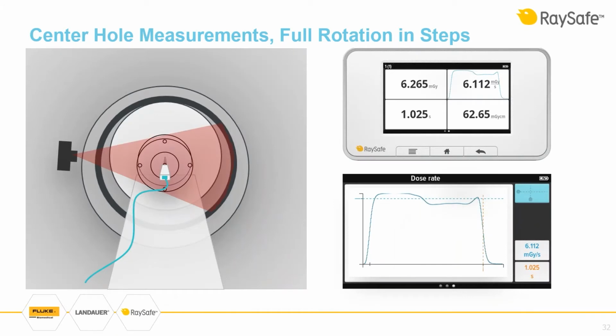So now we have a complete rotation. And when looking at the waveform, one can, from the couch part of the waveform, see where the rotation starts and stops.